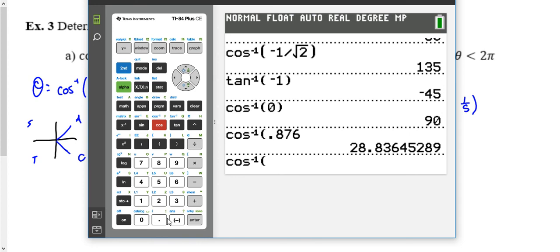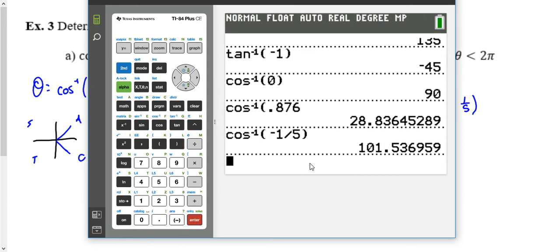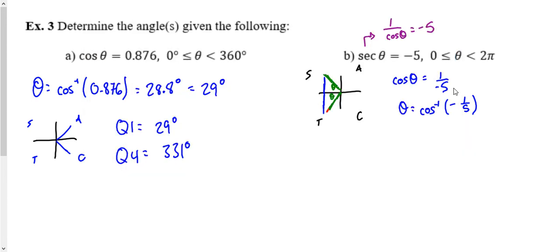Cos inverse of -1 over 5. 101.5 is our angle, so theta equals 101.5 degrees, but again, always rounding to the nearest whole. So we're looking at approximately 102 degrees.